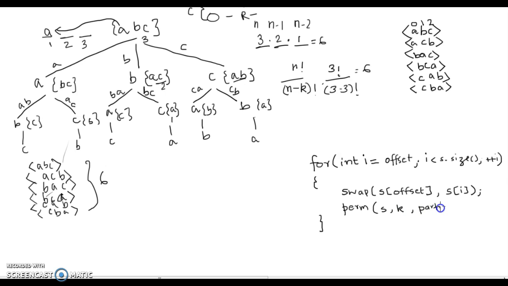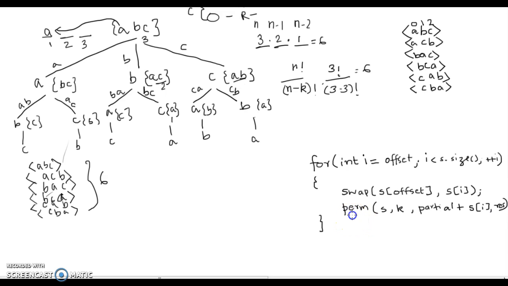I'm building up partial, and I am picking up what is currently the value of I. I'm building up that, and then I pass in the result as well, which is going to store the results.